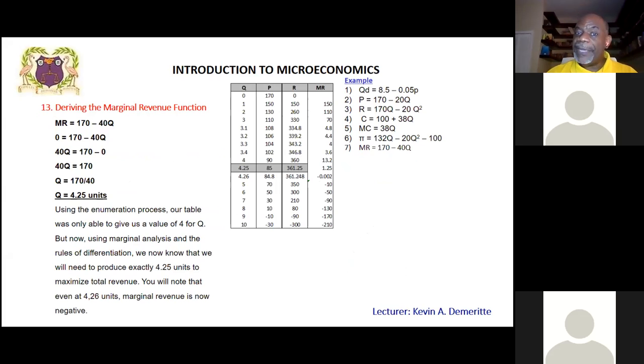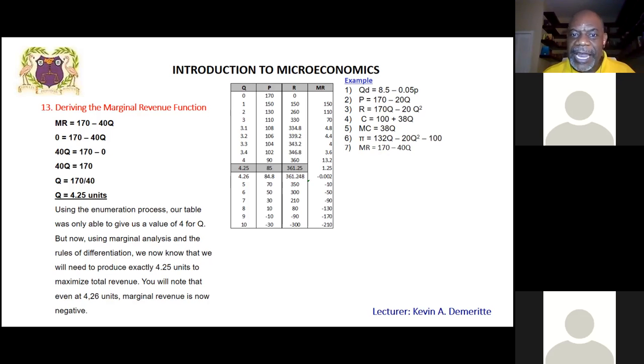We know that because look what happens if we try 4.26. At 4.25, our marginal revenue is still positive. At 4.26, our marginal revenue is negative. Now, of course, we can get even more precise and figure out exactly where it's 0.